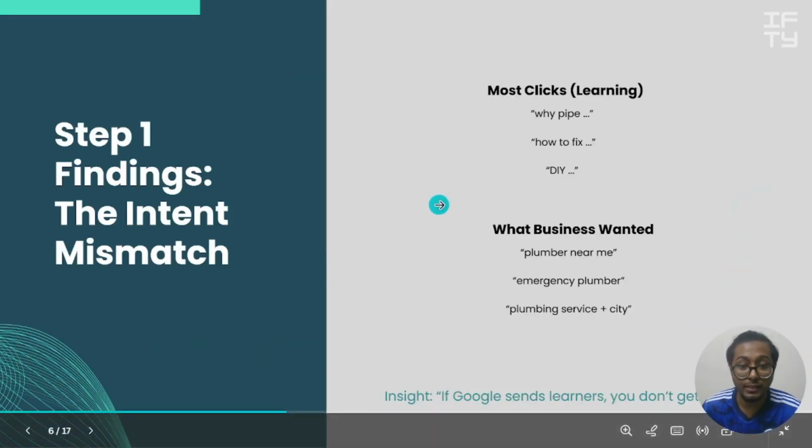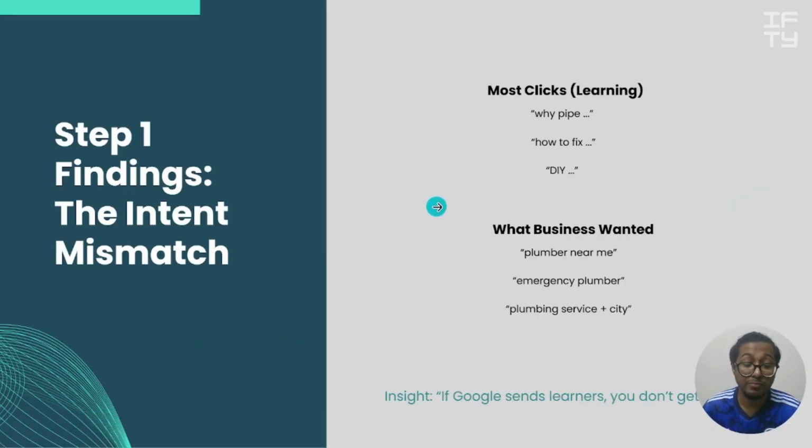The intent mismatch is very important. Here's what I found in my research. The data showed this was the biggest issue on the whole site. The majority of clicks were coming from learning searches like why is my pipe leaking, how to fix, do it yourself. These are people trying to solve the problem by themselves.